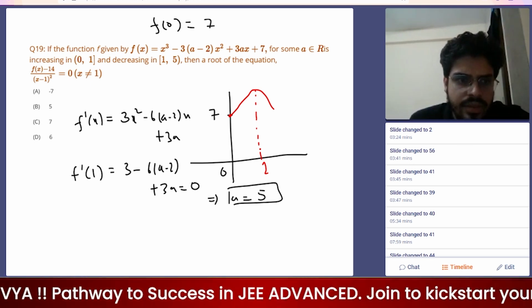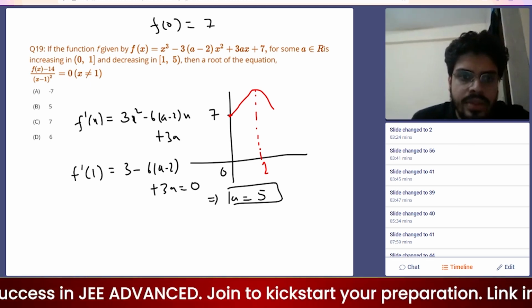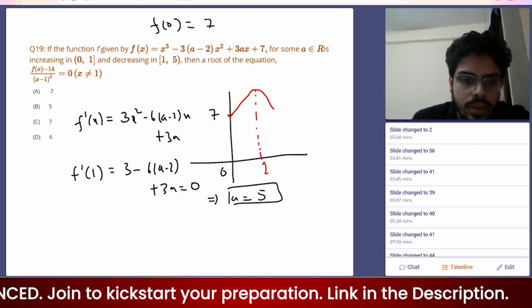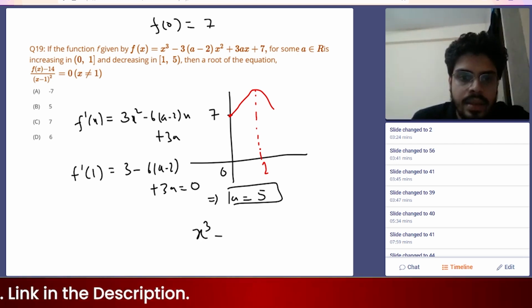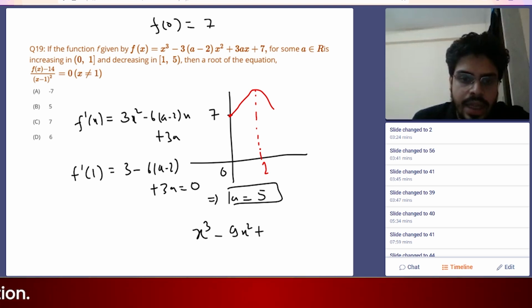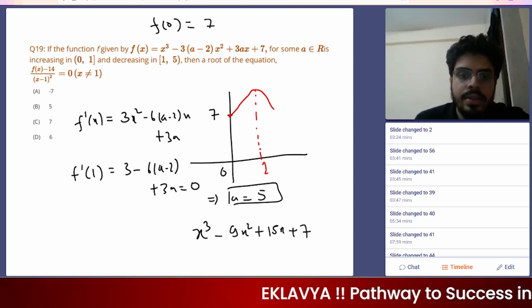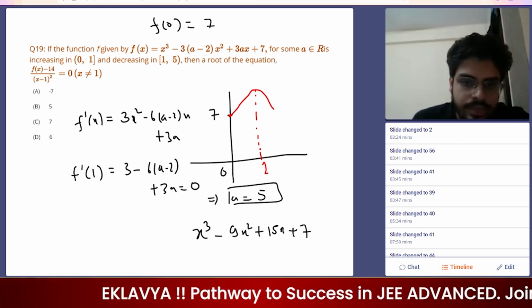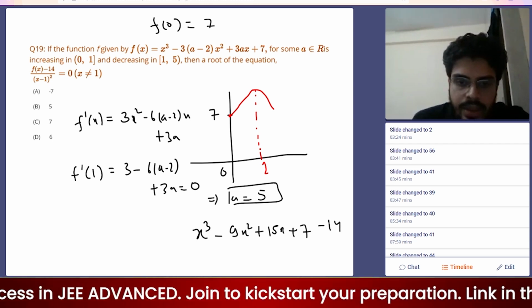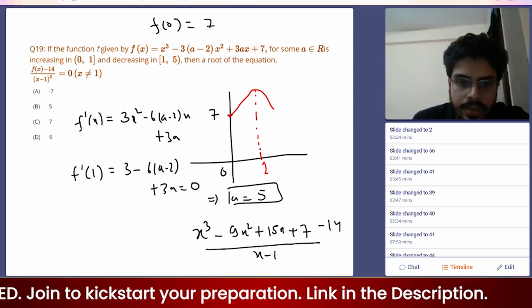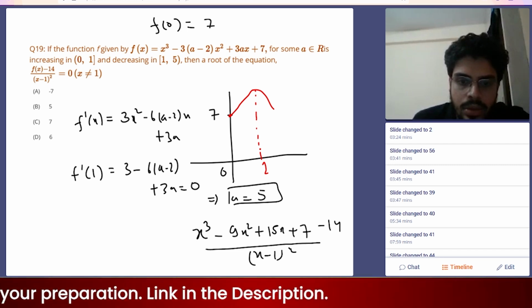So I guess I have the function now. If I put a equal to 5, I will have the function x cube minus 3 times 3, 9x square, plus 15x plus 7. Now this is f(x). So we can do (f(x) minus 14) upon (x minus 1) whole square.